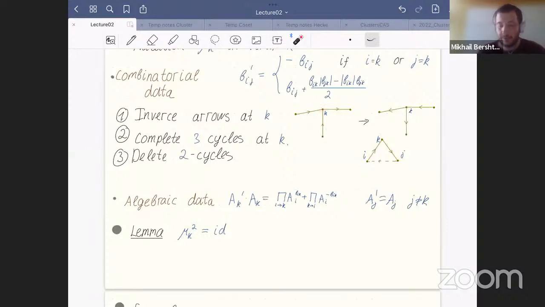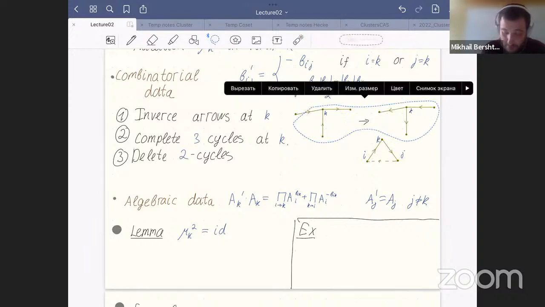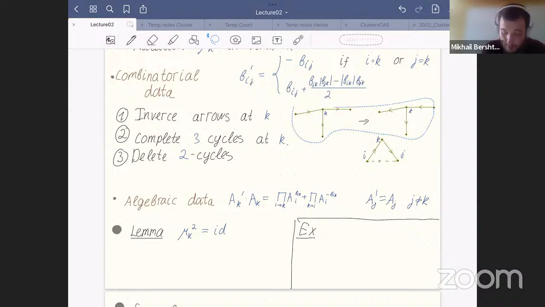I will show it. I plan to give a more involved example, but let me do this one. If we start from this one, maybe I can copy.